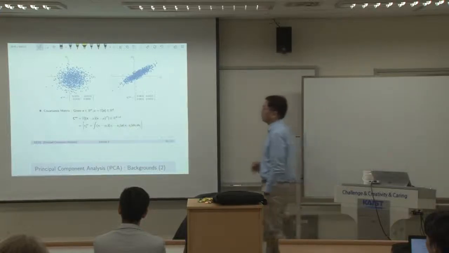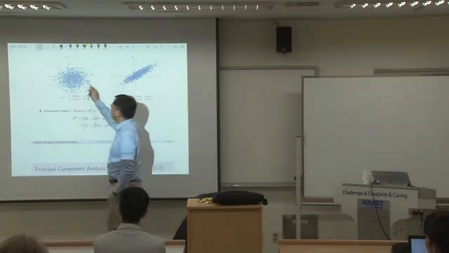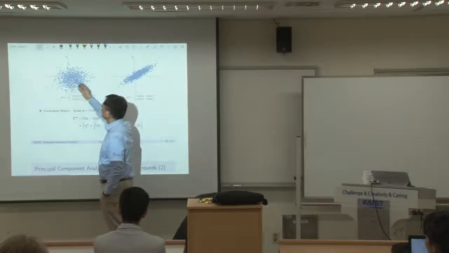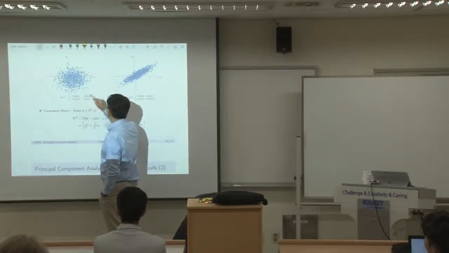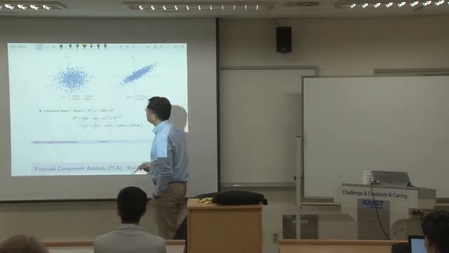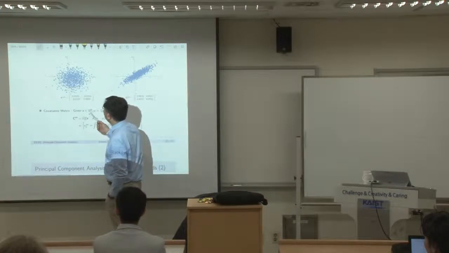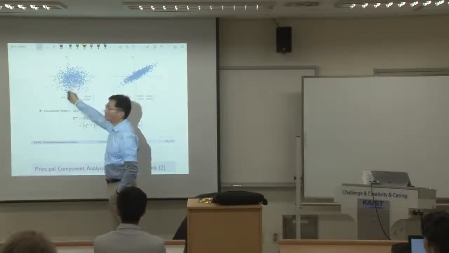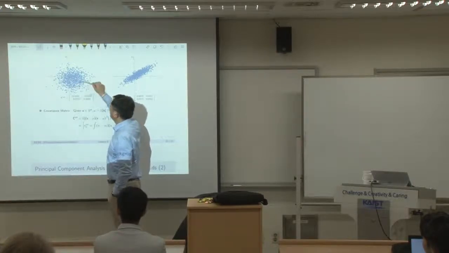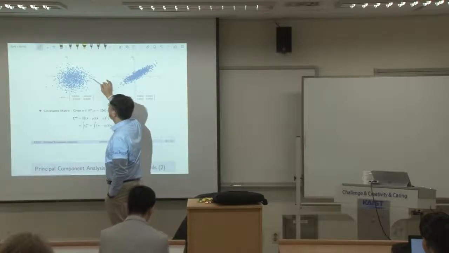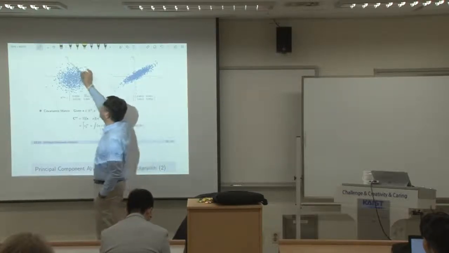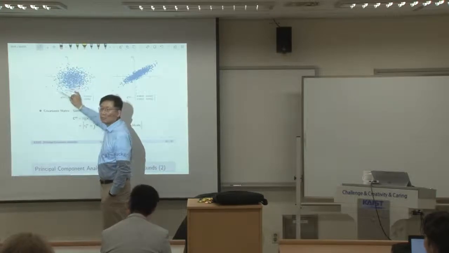So a little bit about covariance. This is a covariance matrix of this data. This is a covariance of this. By looking at this data, which is in a two-dimensional space, do you think there is some correlation between x1 and x2?